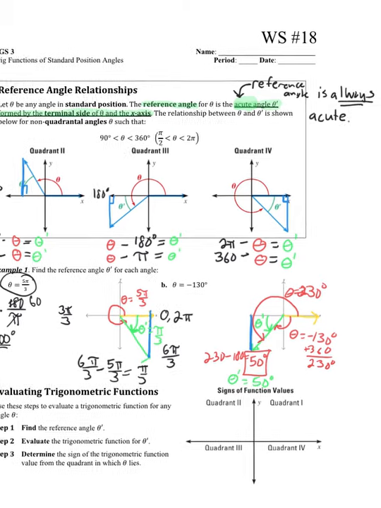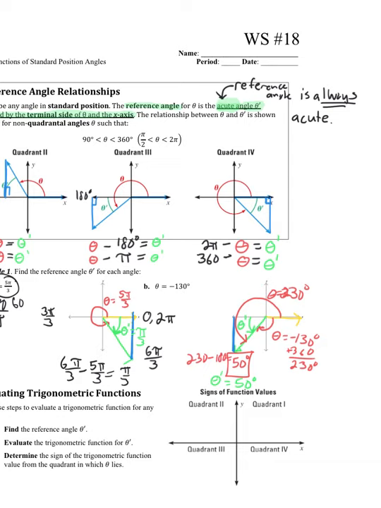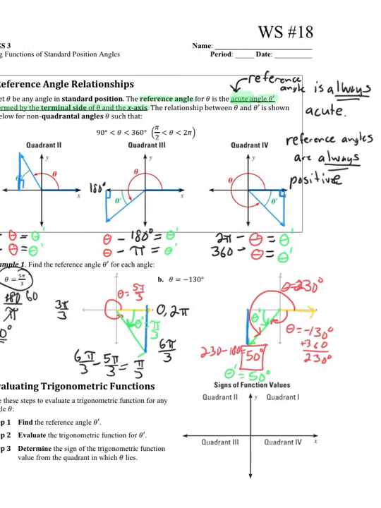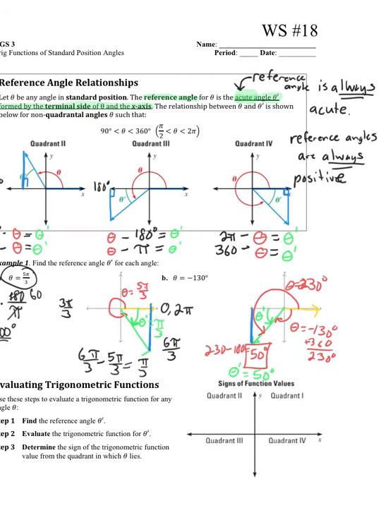Something else that's really important about reference angles, they're always positive. Never negative values. All right? It's always going to be an angle that you're measuring that takes you back to the x-axis. It's always going to be a positive value between 0 and 90 degrees. It should never be a negative 45, a negative 50, anything like that.